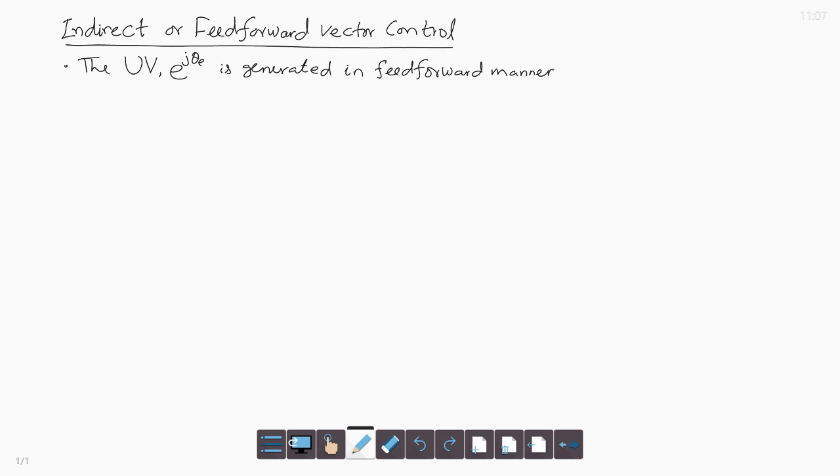In the previous class, we discussed direct vector control, in which the unit vector is generated from feedback signals of voltage, current and speed. So, that was feedback vector control, but in this case the unit vector is generated in feed forward manner using the slip speed relation.